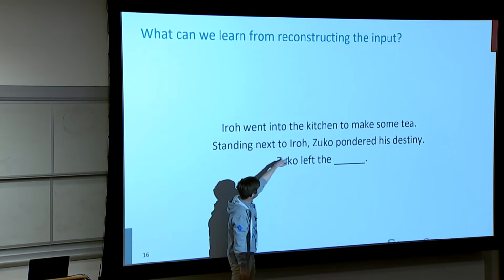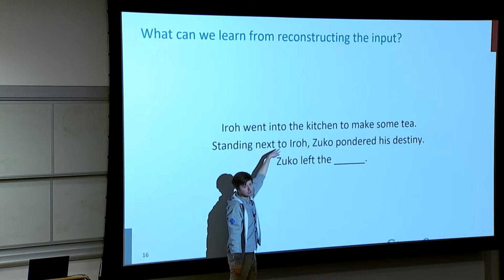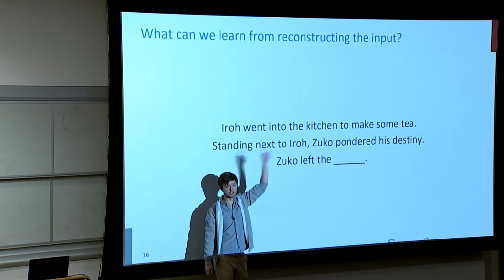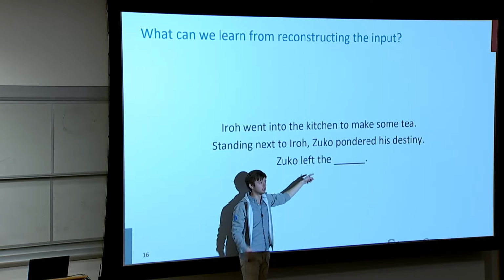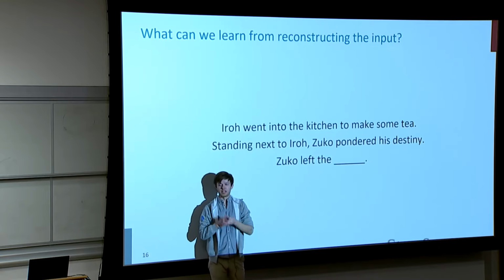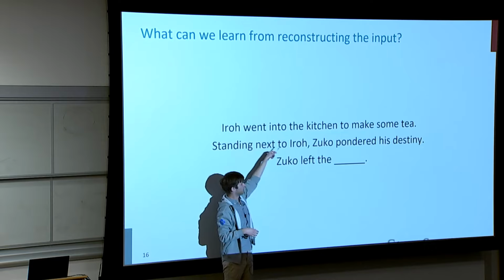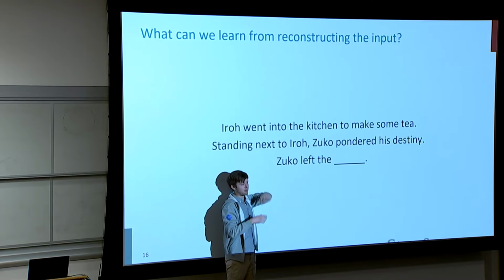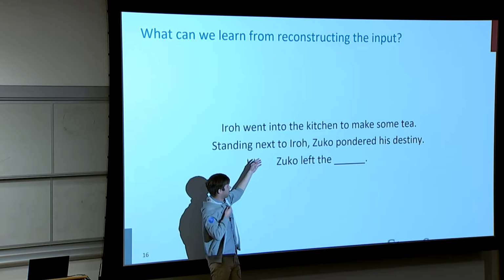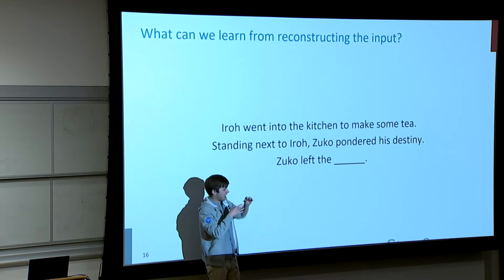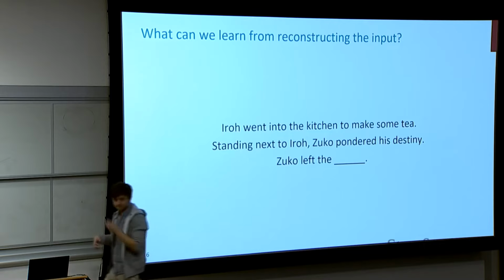Iroh's in the kitchen, Zuko's next to Iroh, so Zuko must be in the kitchen. So what could Zuko leave but the kitchen, right? And so in terms of latent notions of embodiment and physical location, the way that people talk about people being next to something and then leaving something could tell you a little bit about how the world works even.